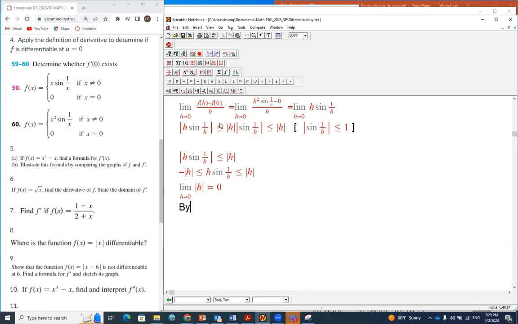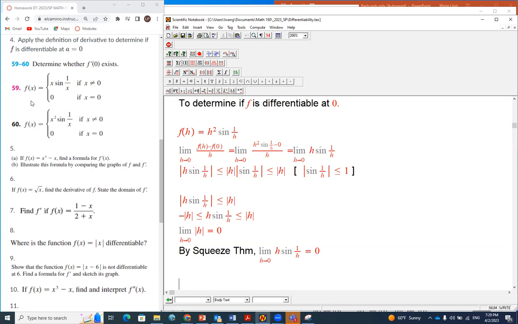So by the squeeze theorem, this limit, which is squeezed in between, is going to be 0. So you can see the squeeze theorem can be used here.